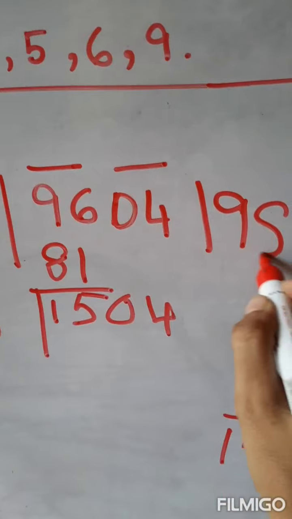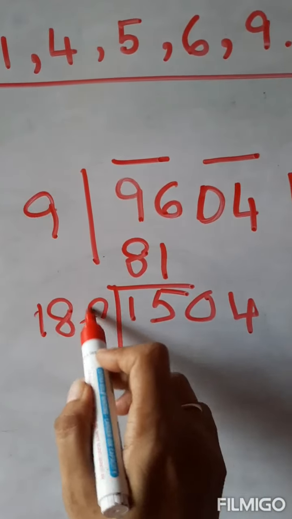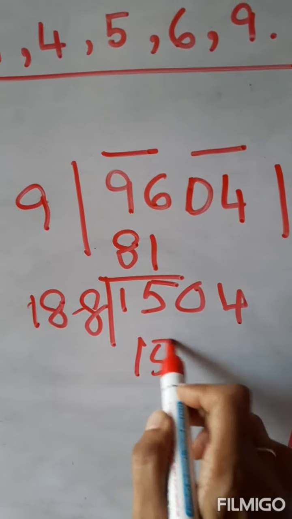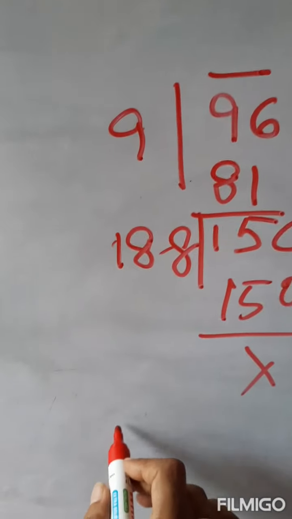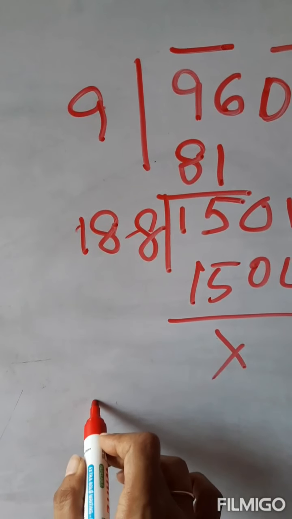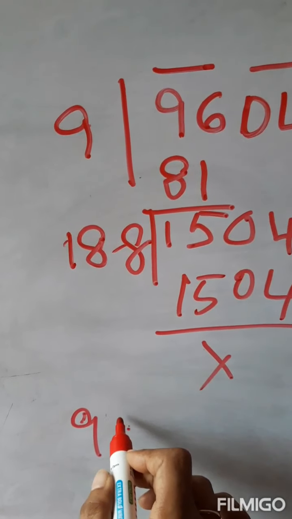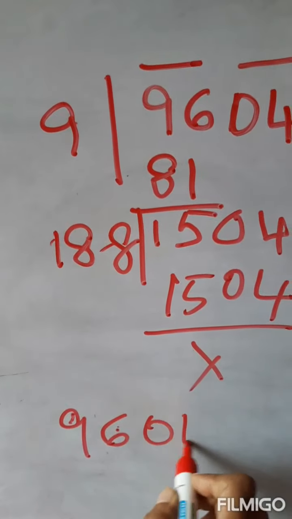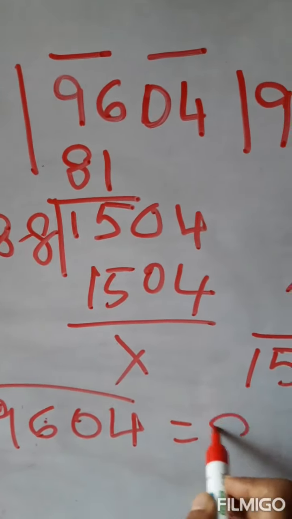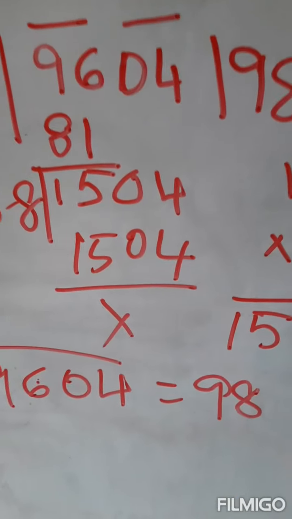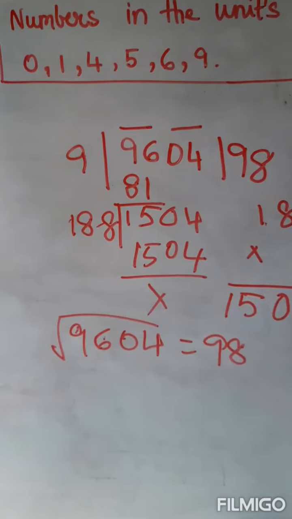So with 8, we get 1504. So the square root of 9604 is 98.